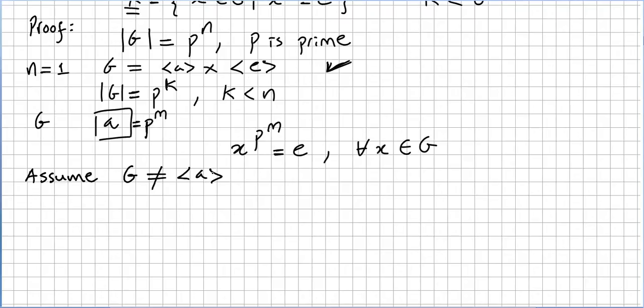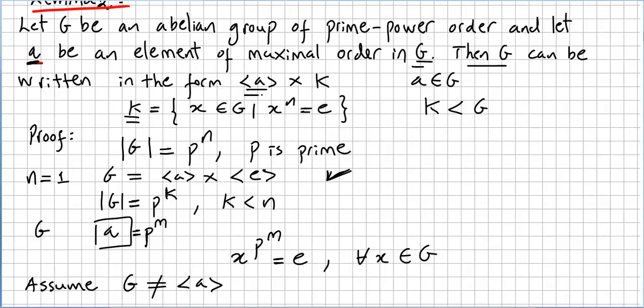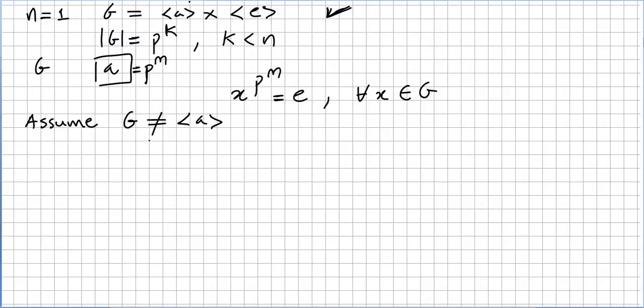So the proof is finished, because then A generates the group. End of story. So we are going to assume that G is not generated by A.